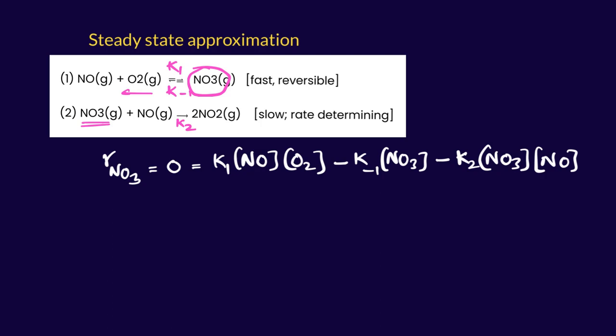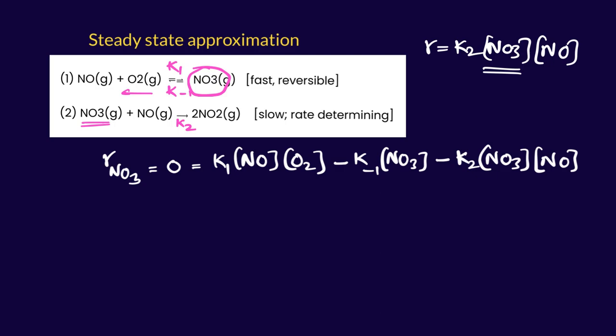That is called steady state approximation. Now, we already know that the rate law is K2 NO3 concentration NO concentration. NO3 is an intermediate and should not be present in the rate law, therefore we have to remove it.